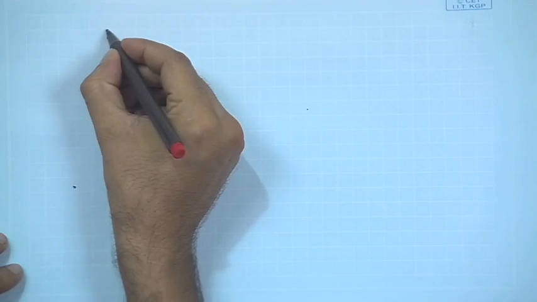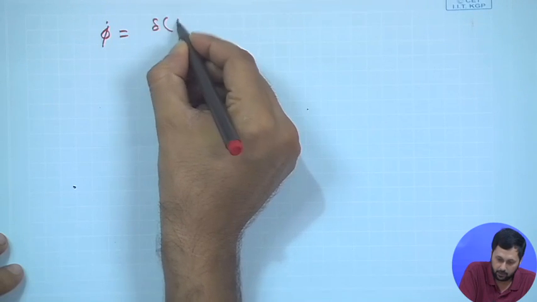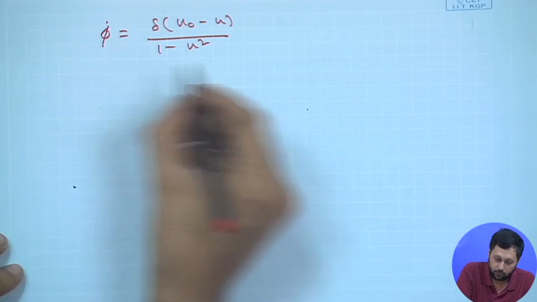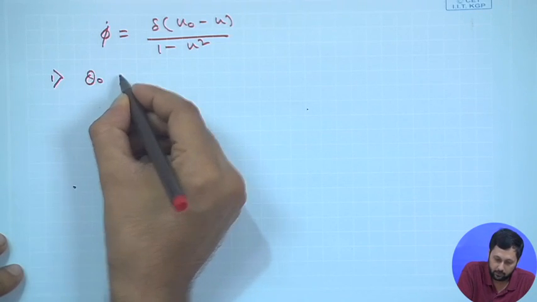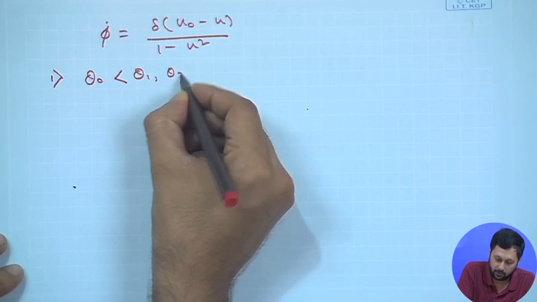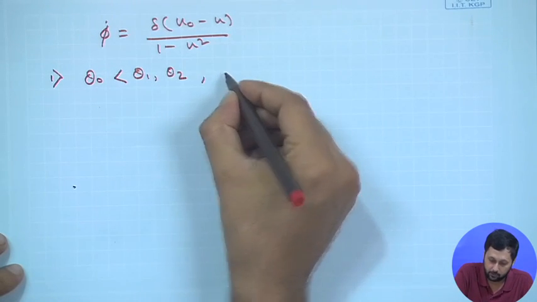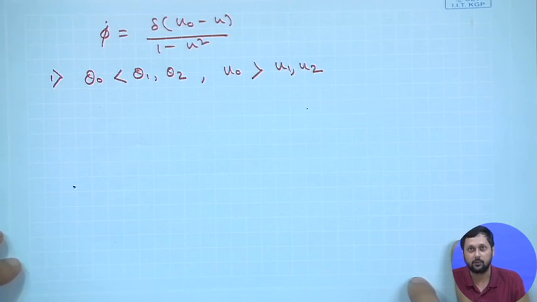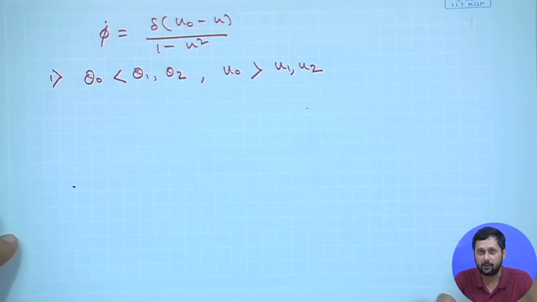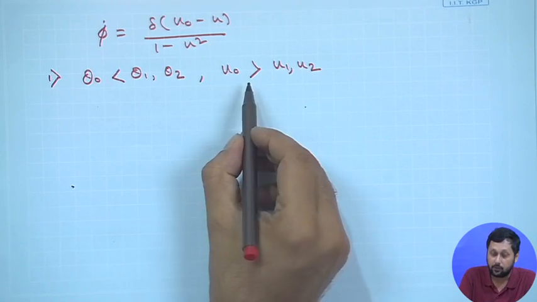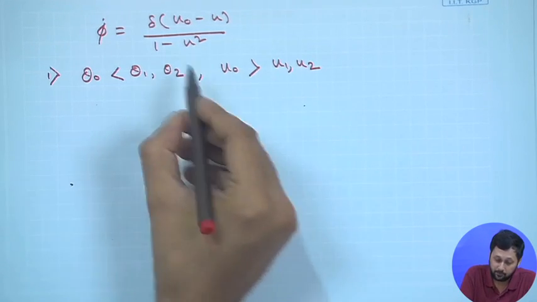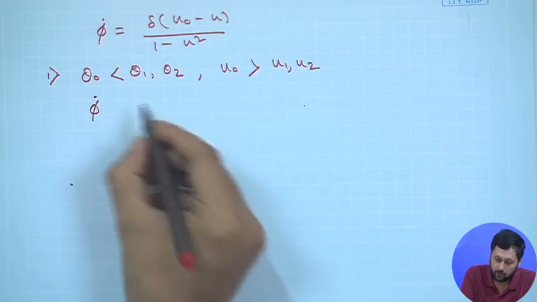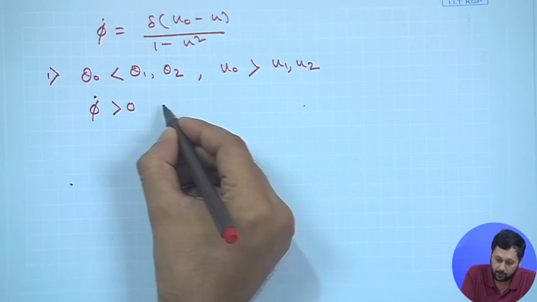Okay. So, phi dot is equal to gamma (u 0 minus u 1 minus u square). In case 1, when theta 0 is less than both theta 1 and theta 2, which corresponds to u 0 greater than both u 1 and u 2, because theta and u have opposite trends, then at both the limits u 1 and u 2, phi dot becomes positive, greater than 0.